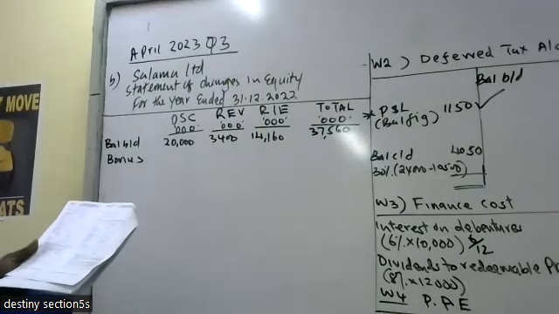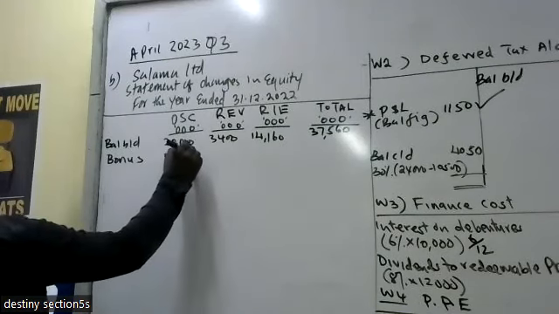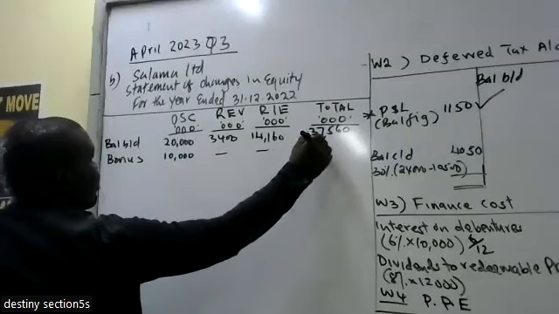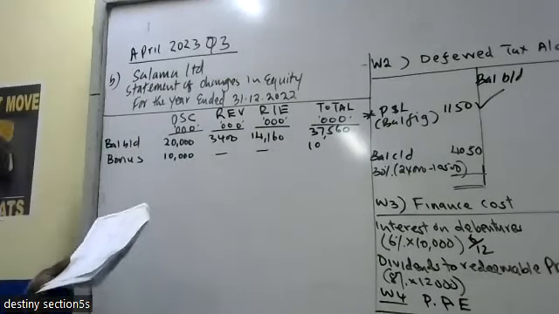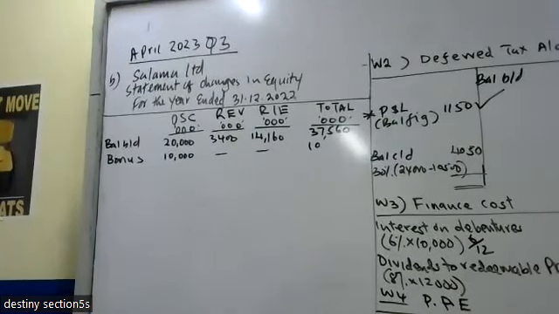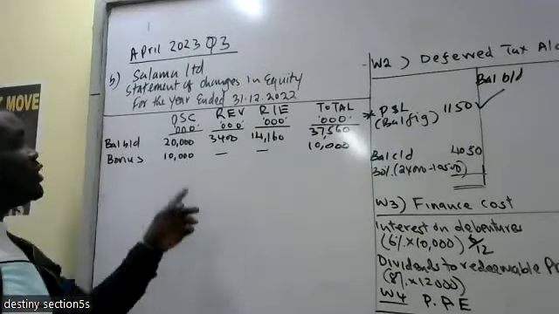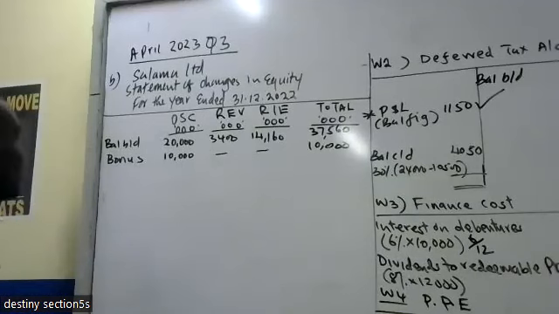Check note number 6. Shillings 10 million being bonus shares. Well, it's financed from where? Because you see, bonus must be financed either from revaluation or from profits. So if they don't say, we just post it to the retained earnings. That was very bad. It's normally financed from either there, but they never stated.